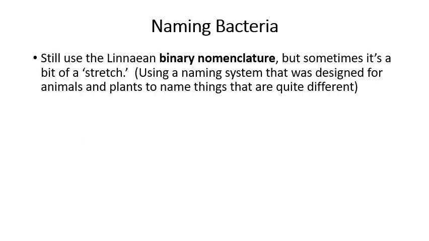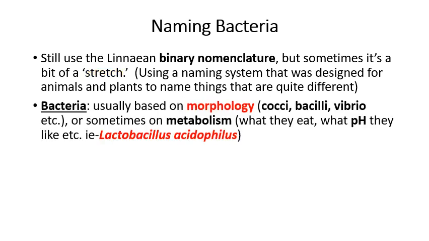What about bacteria? How do you apply this way of naming things to organisms that don't reproduce sexually? Well, it's a bit of a stretch to call bacteria by species names, but we will anyway. A lot of times the name for bacteria is based on the morphology of the bacteria: are they cocci, bacilli, or vibrio? Sometimes they're based on the metabolism.